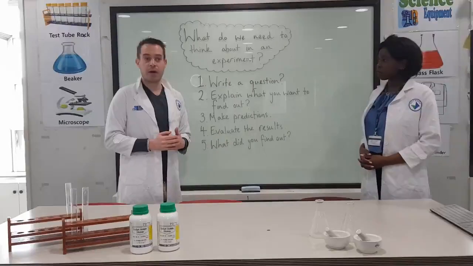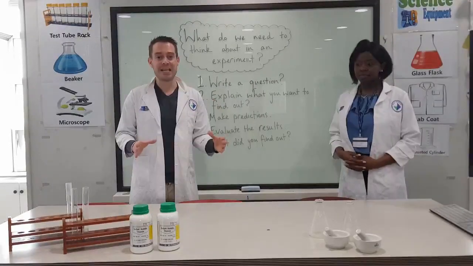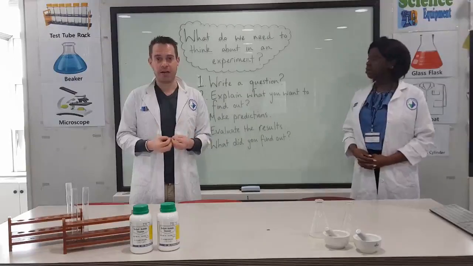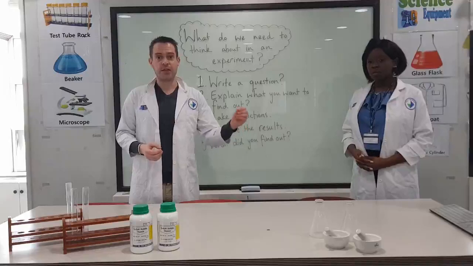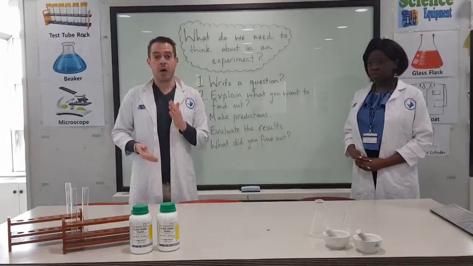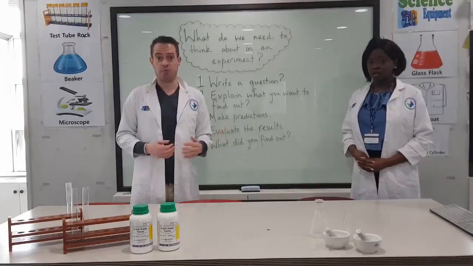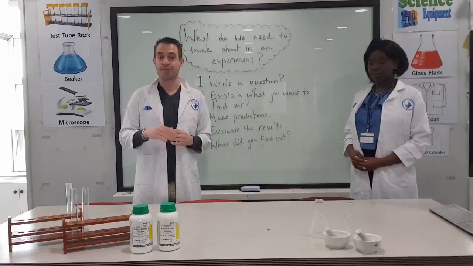For example, our experiment today will be learning about what plants need to grow healthily. So maybe a question could be, what do plants need to stay strong and healthy? We could also say, what do plants need to grow? It's entirely up to you, but we do need to think of a question first.